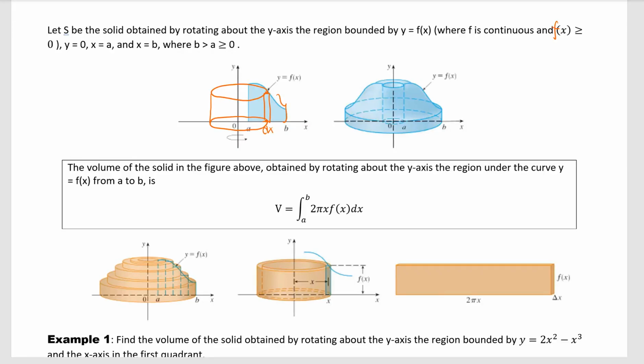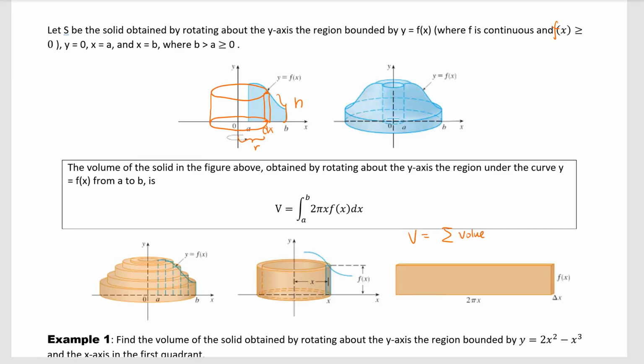And the height here is y, which is f of x, right? If we call this h and this r, the bottom length is actually the circumference of a circle, so that is 2 pi r. That's why the volume is the sum of the volumes of each shell.